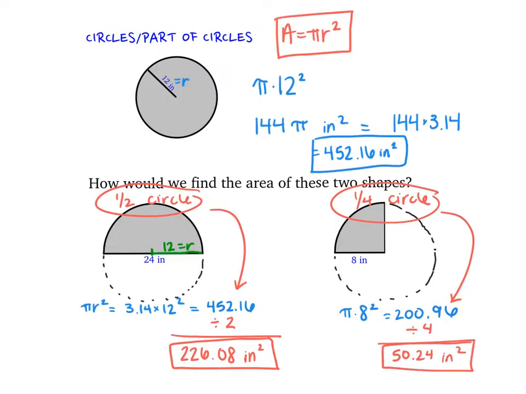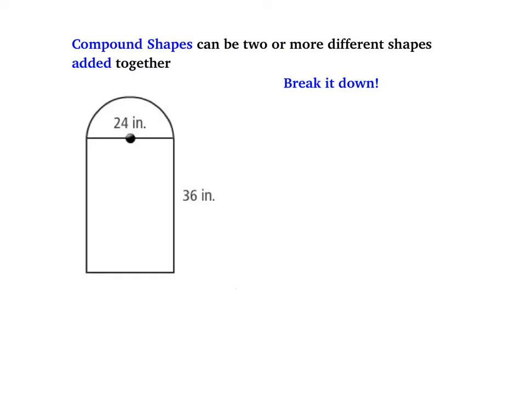So let's look at how to use these. Compound shapes can be 2 or more different shapes that are added together or put together. So if you look at this picture, it looks like a window, and I don't have a formula to find the area of all of that together. But what I can do is break that down into shapes that I recognize. So if I look at this specific one, it looks like I have a half circle here.